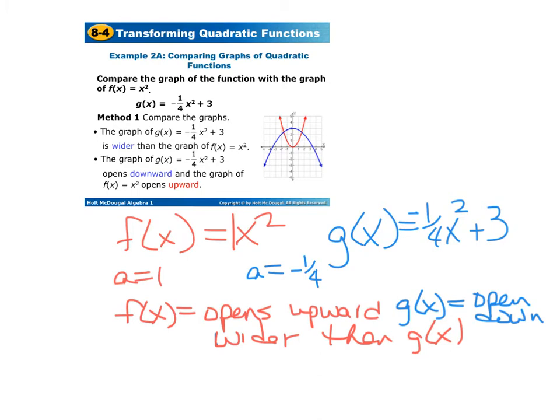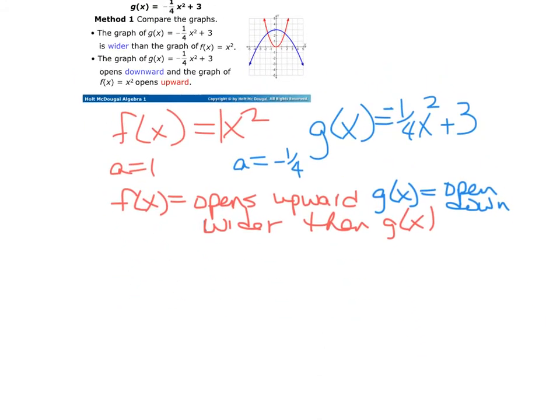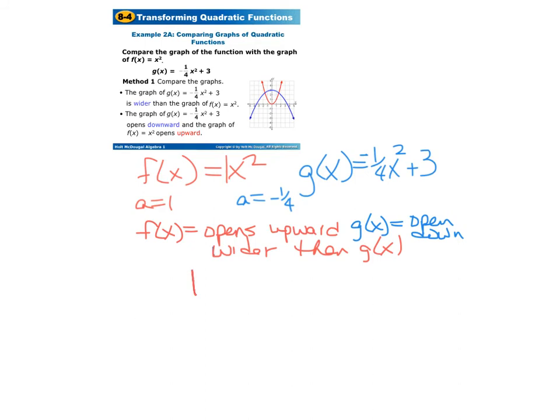Thank you. The next thing we looked at was the size of the number. So we were comparing 1 to 1/4. And let me write this in blue. Because 1 was bigger, this told me, I'm sorry, I said that backwards. This is narrower.